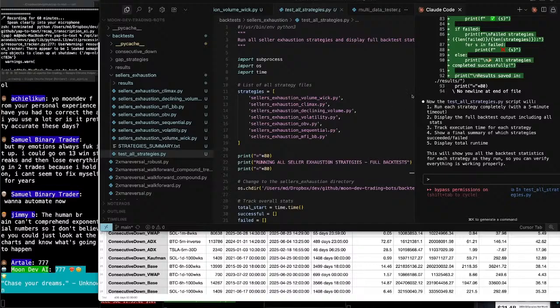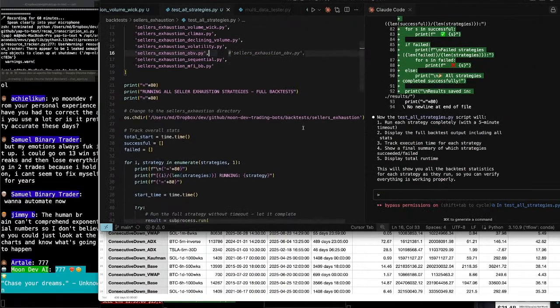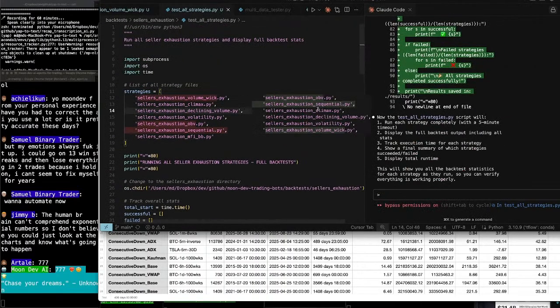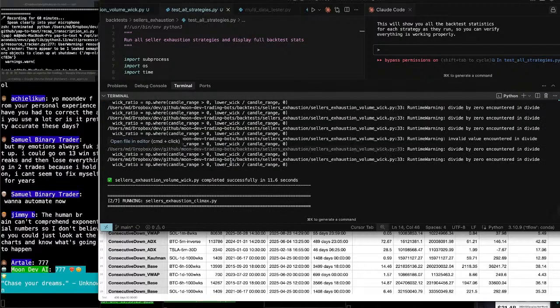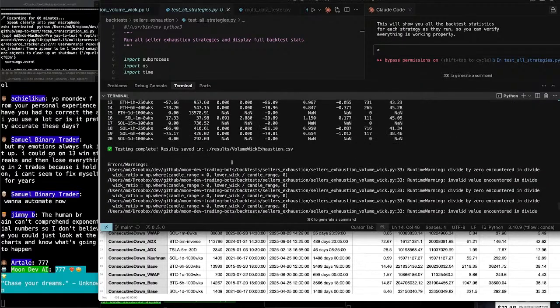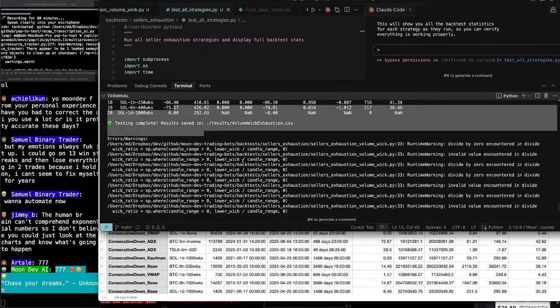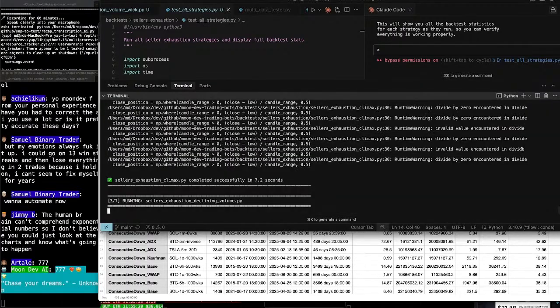Okay, now test all strategies when I run them. Let's run it, dog. Seller's exhaustion volume wick. I mean, we got this warning. I can't have that warning in here.